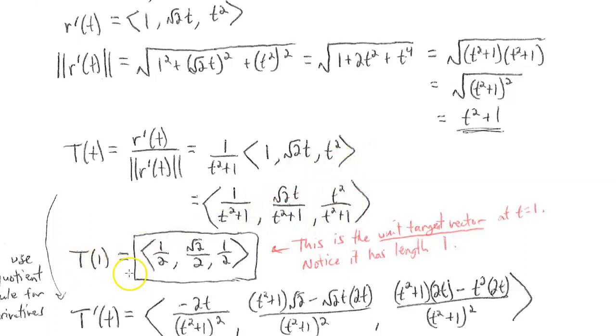Now what's T of 1? Well, if we plug in 1 for t everywhere here, we get 1 over 1 squared plus 1. That's 1/2. If we plug in 1 here, we end up getting the square root of 2 over 2. And if we plug in 1 here, we get 1/2. Now notice, by the way, this vector has a length of 1. If you were to do the square root of this squared plus this squared plus this squared, you would get 1, because it would end up being the square root of 1/4 plus 1/2 plus 1/4.